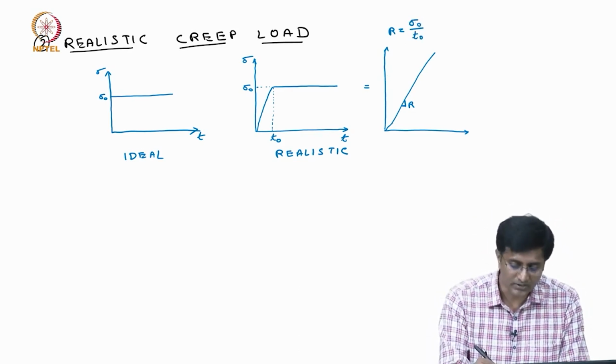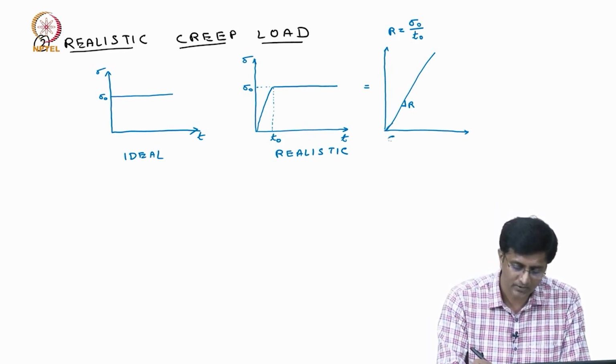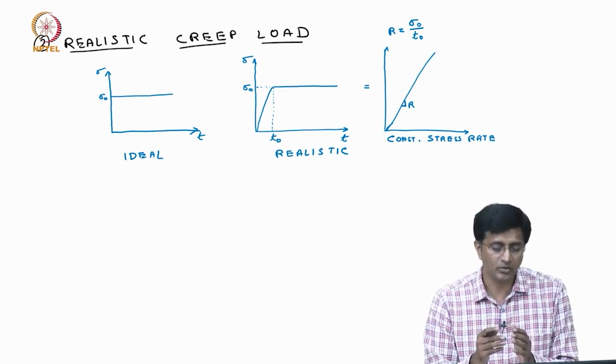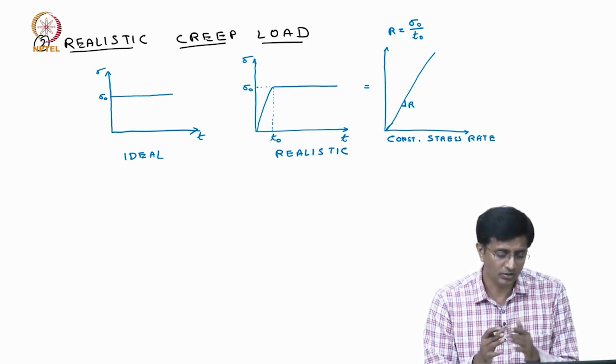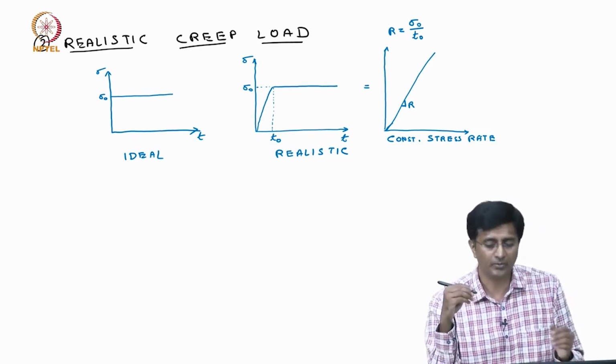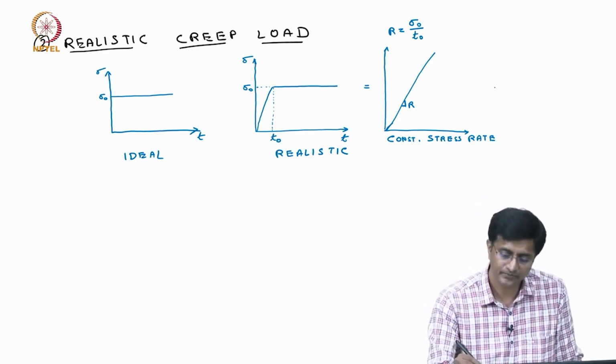But what we are saying is we are applying the constant stress load, let us say constant stress rate, and how do we ensure that at time t equals t naught the value becomes constant? For that, again we need to apply one more constant stress rate, but with a negative slope.